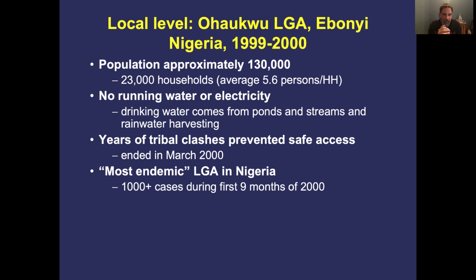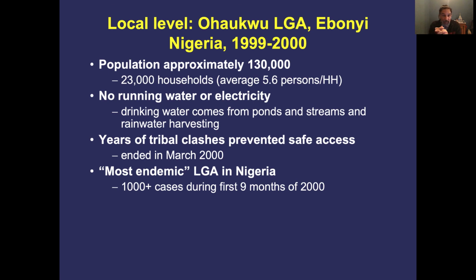And that was because for a very long time, in addition to not having access to fresh drinking water sources that were free of Guinea worm, there were ongoing tribal clashes that really prevented safe access to that area in the years preceding, and so workers could not get in to begin the process of working in the Guinea worm eradication program there.